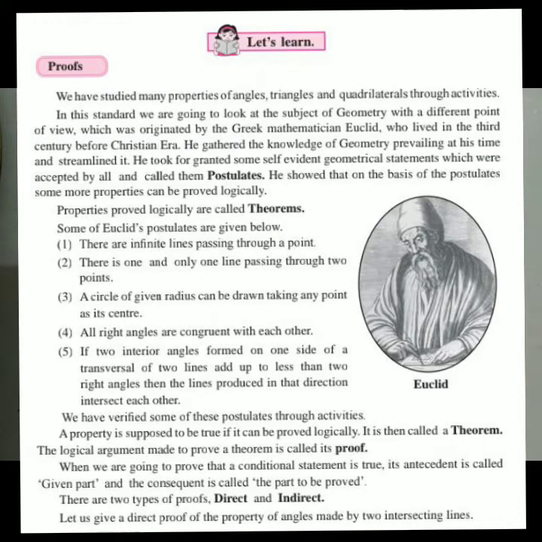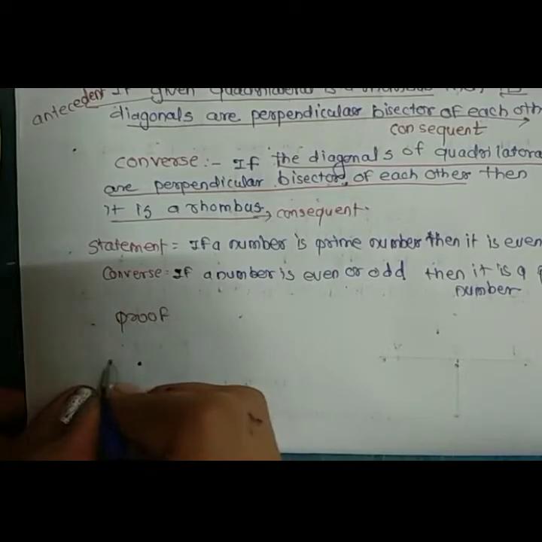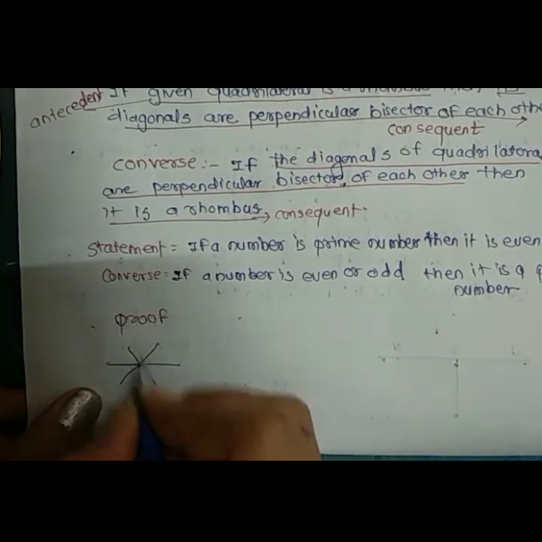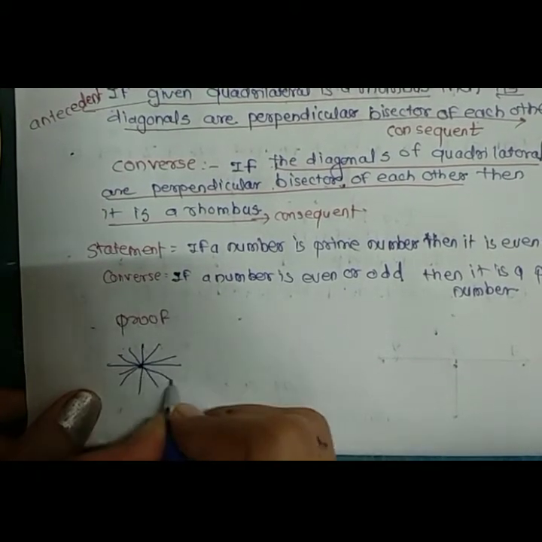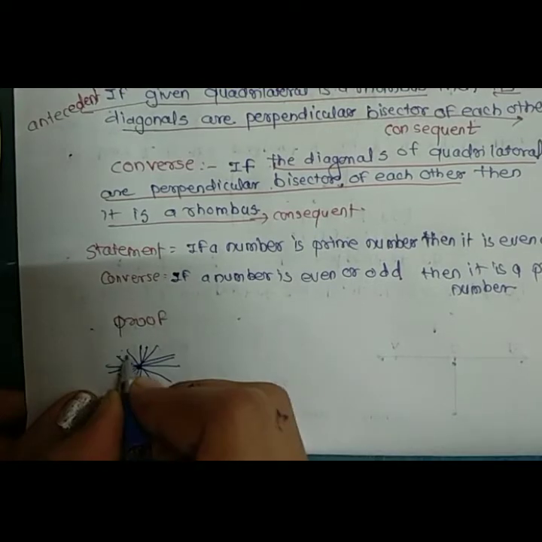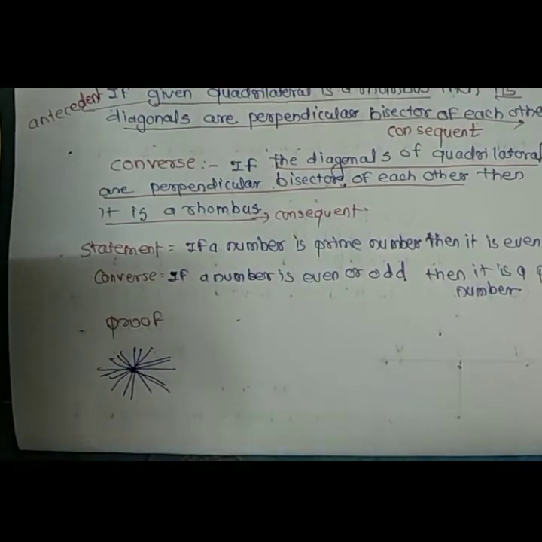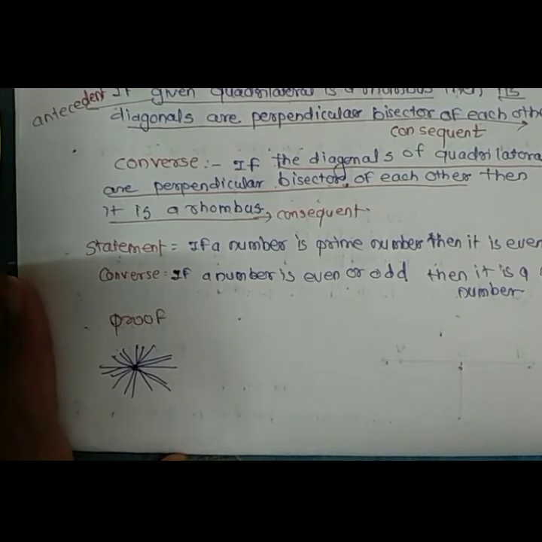Some Euclid postulates are given below. The first is, there are infinite lines passing through a point. It means, suppose this is one point, so infinite lines can pass through the one point. The second postulate is, there is one and only one line that can pass through two distinct points.